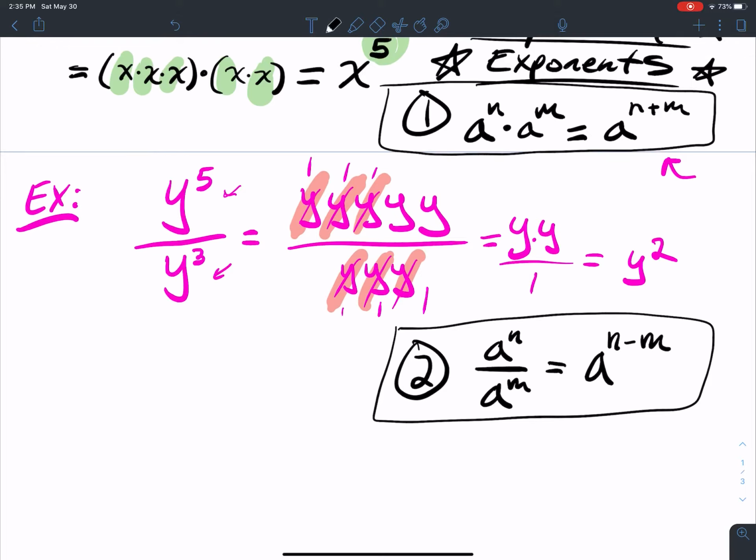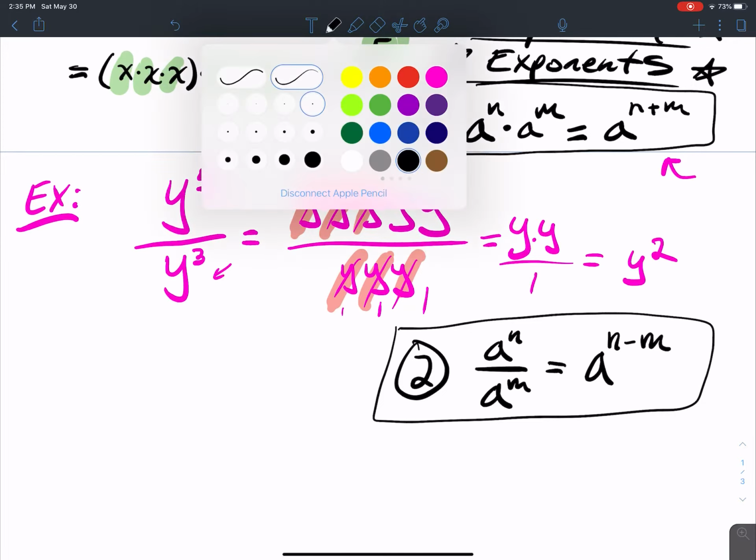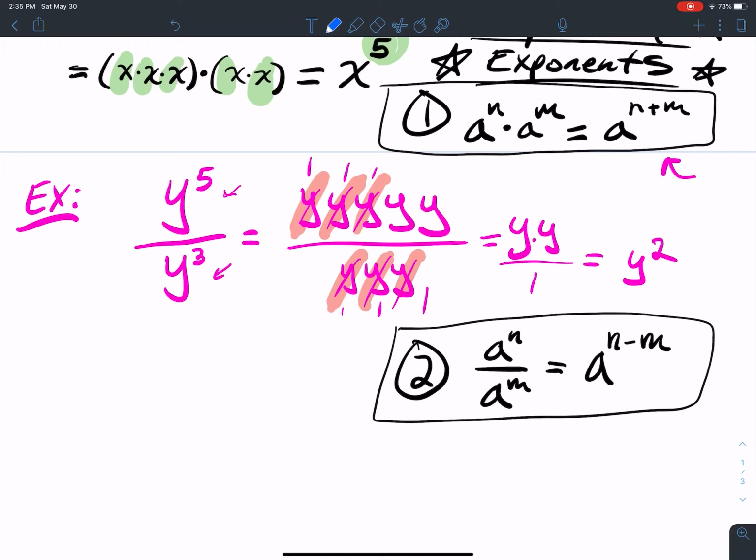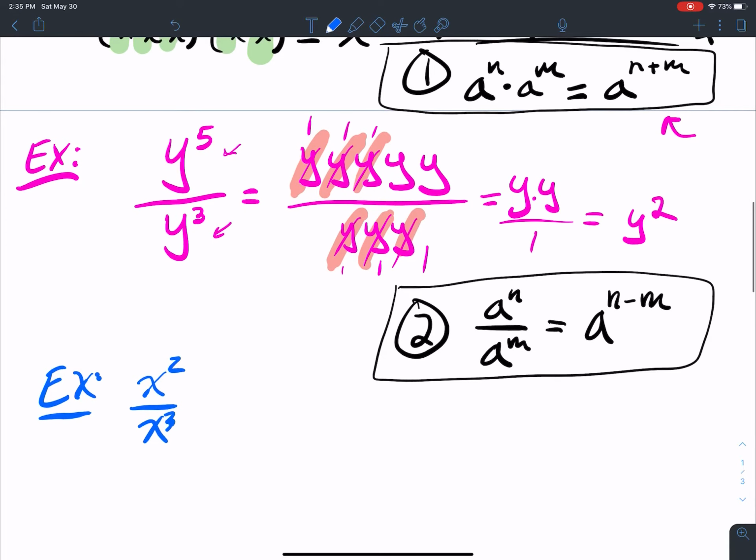Okay, let's see if we can do some more rules. Let's do x squared over x cubed. Now, how many x's do I have up top? I got 2 up top, right? And I got 3 down low. Who wins in the fight here?